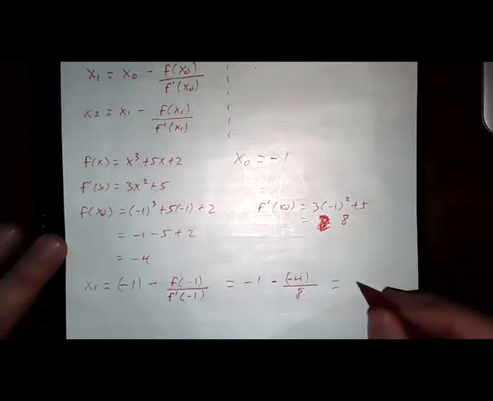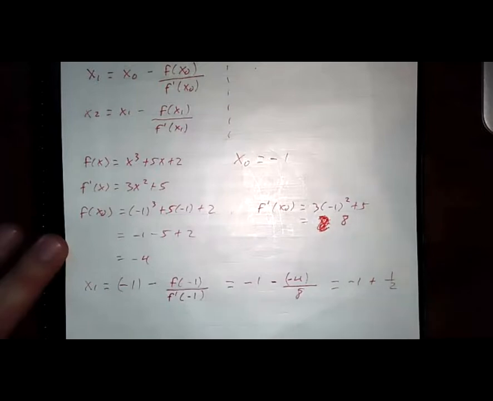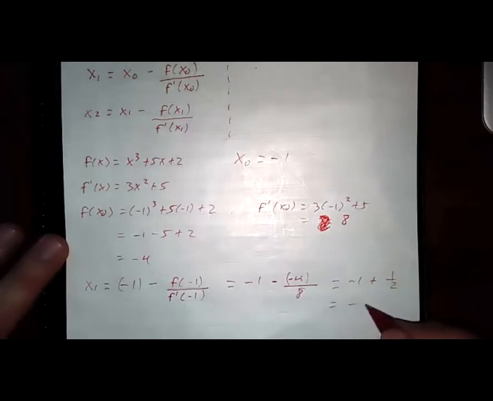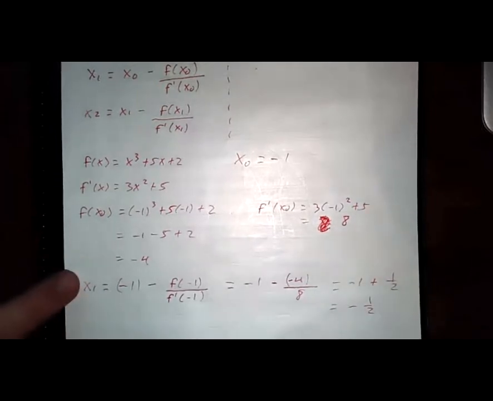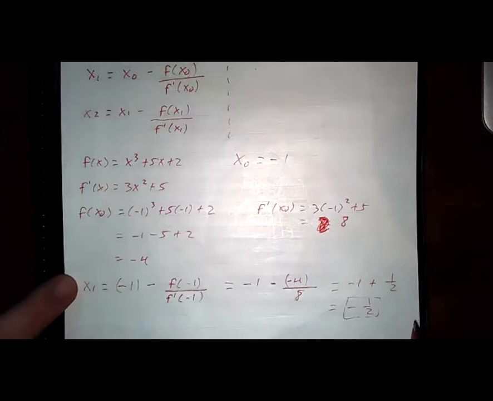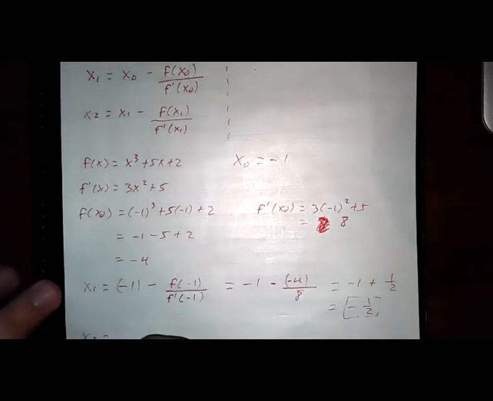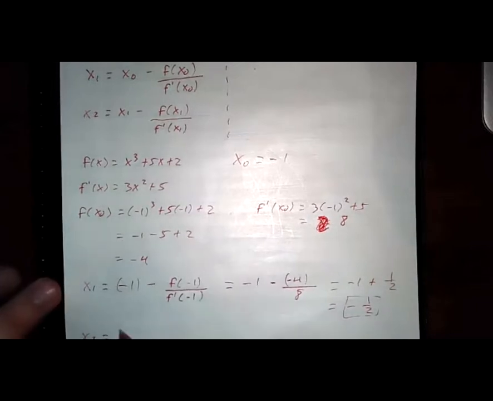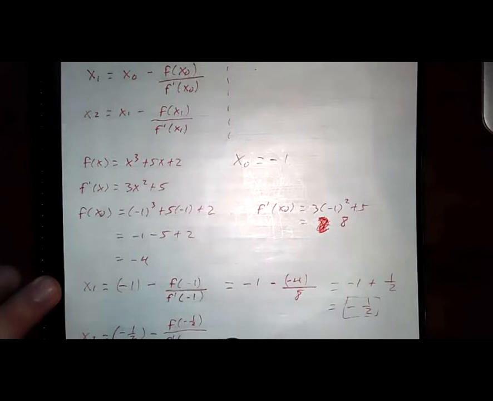So minus would be -1 plus 1/2. So -1/2. So we got x1. That's this. But the question says find x2. So x2 is equal to -1/2 minus f at -1/2 over the derivative at -1/2.